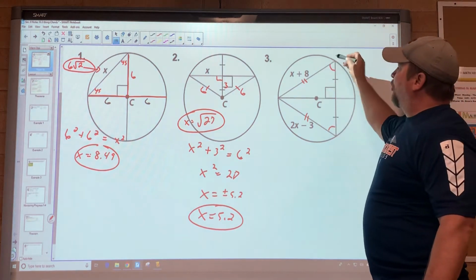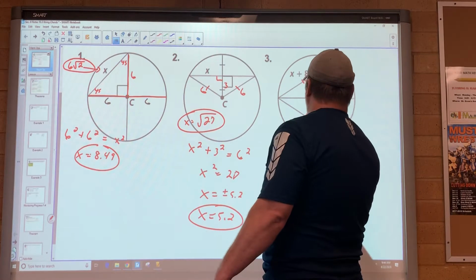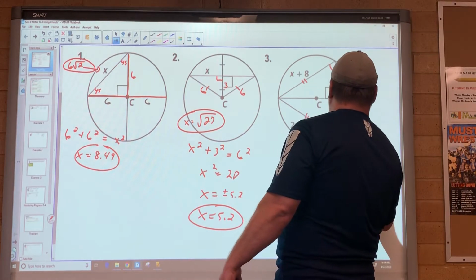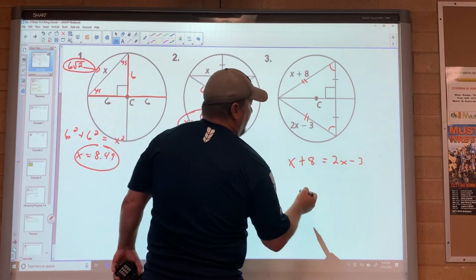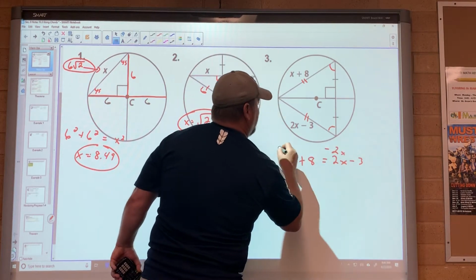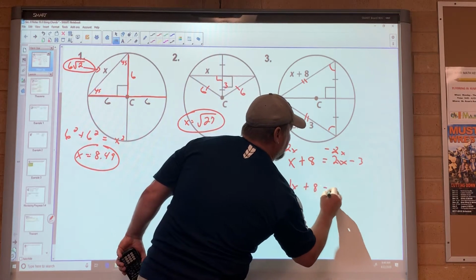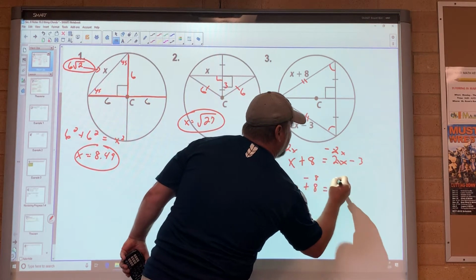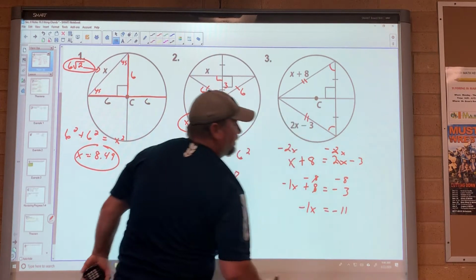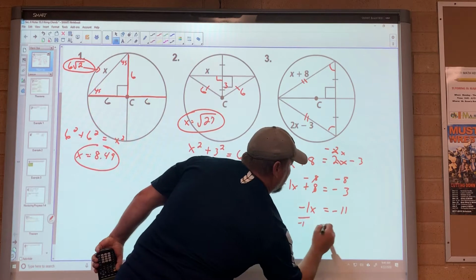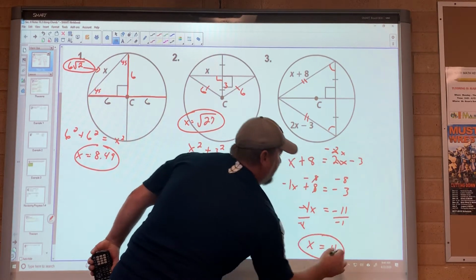Therefore, the two chords would be congruent on this picture. So we would just say x plus 8 equals 2x minus 3, and we'll solve for it. I'm going to minus the 2x, minus the 2x, cancel, cancel. Negative 1x plus 8 equals negative 3, negative 8, negative 8. Negative 1x equals negative 11. Divide by a negative 1, and x equals 11 on that one.